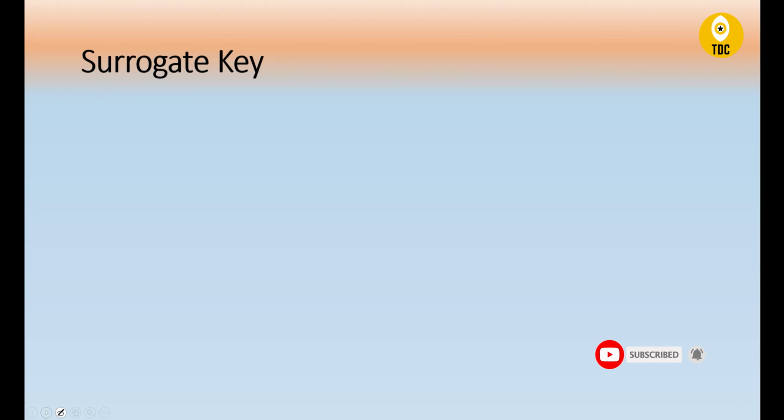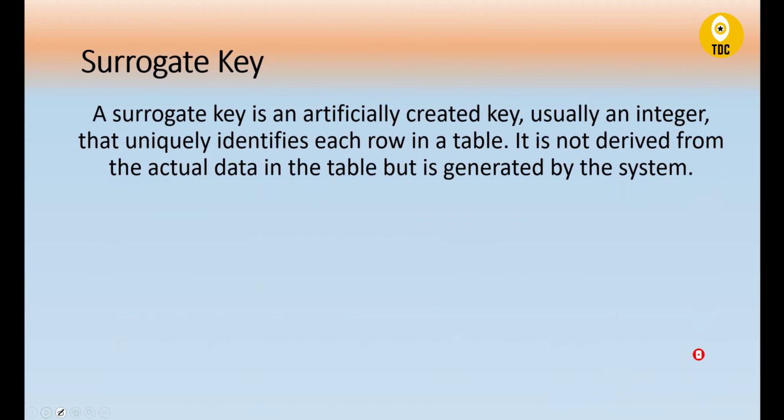And coming to the next, surrogate key. By definition, a surrogate key is an artificially created key, usually an integer that uniquely identifies each row in a table. Why are we calling it an artificially created key? If you take product ID, it is not actually artificially created.